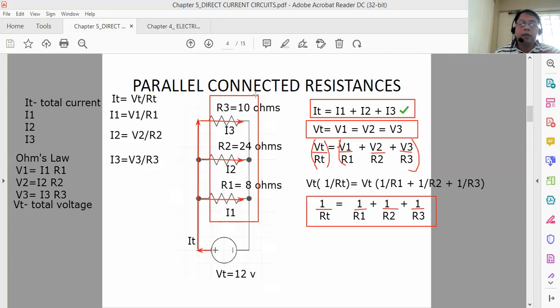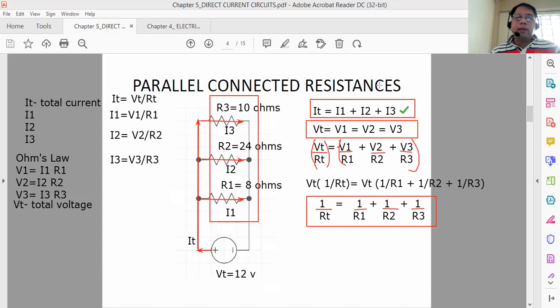Now in your Canvas, in the module, the next succeeding slides will be a combination of series and parallel connections. But again, the 3 principles that we pointed out for series and parallel connection are summarized for you. So when you have a combination circuit, you can simply apply whichever principle is applicable to that particular portion of your circuit.